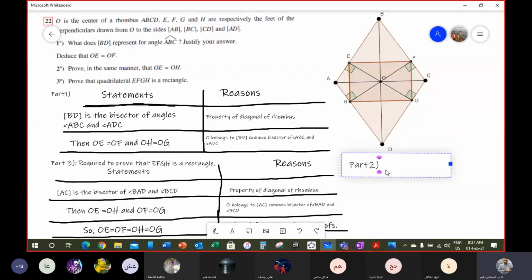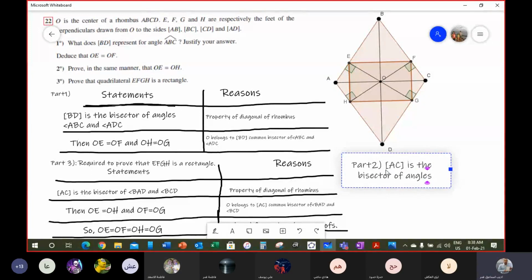We also have AC is the bisector of angles.